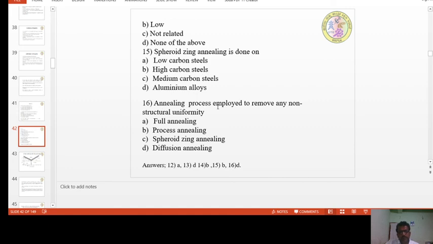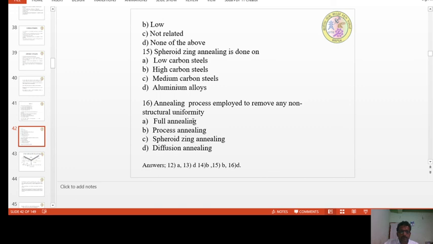Which annealing process is employed to remove any non-structural non-uniformity? He is asking which annealing process we will use to bring compositional uniformity.